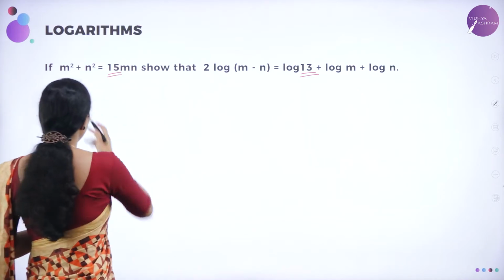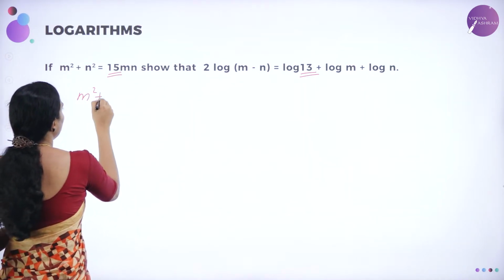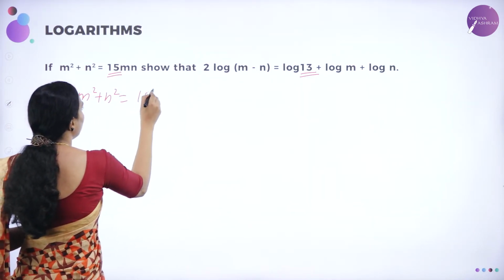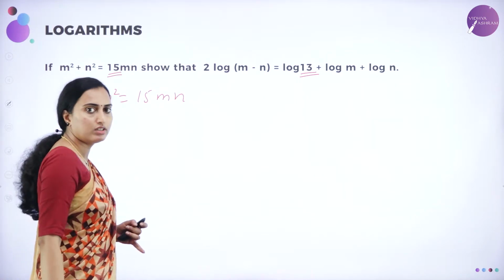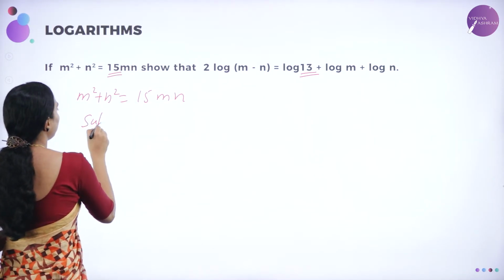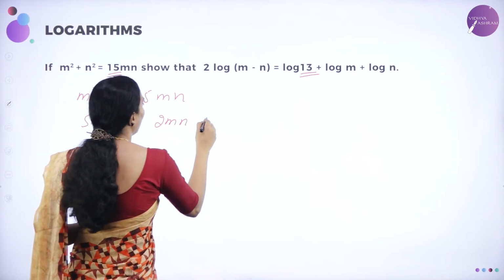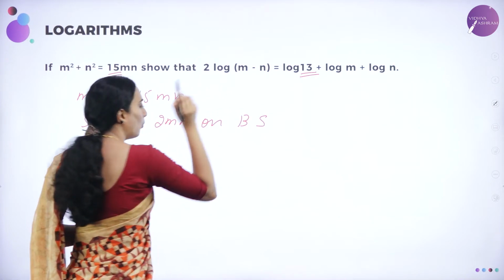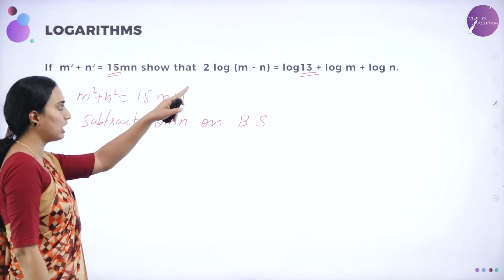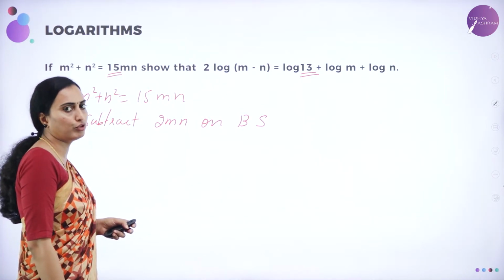So therefore, let me take this one: m squared plus n squared is equal to 15mn, given. So subtract 2mn on both sides. Why? I want 13mn because you have log 13 on the right hand side for the proof.